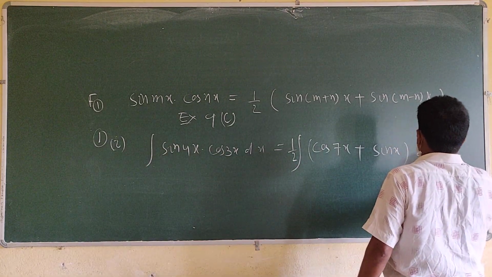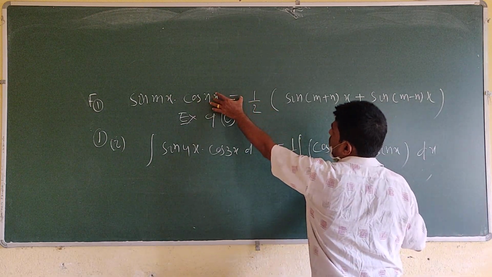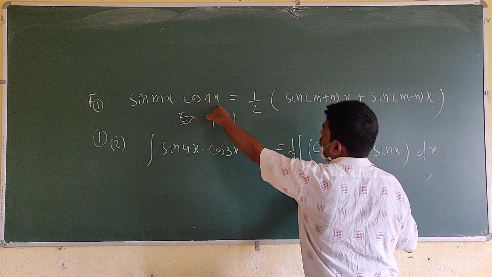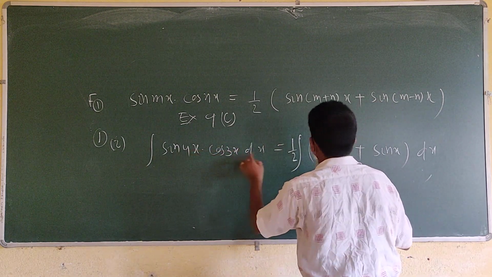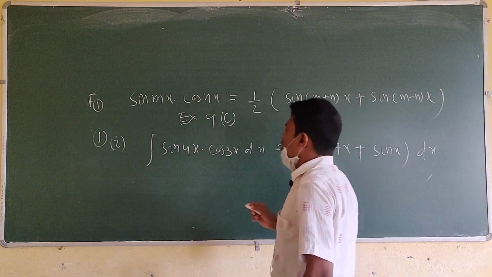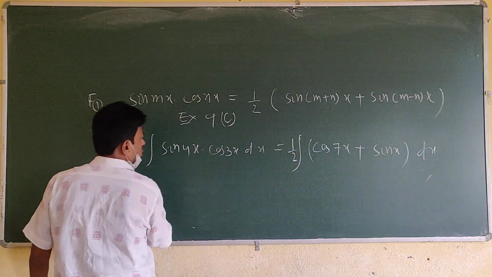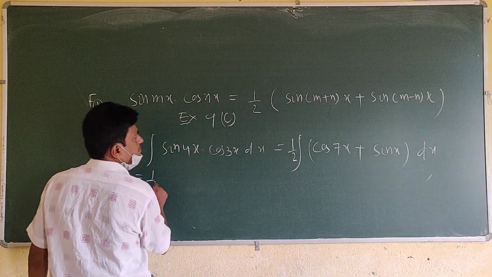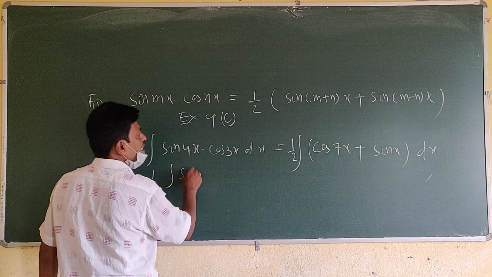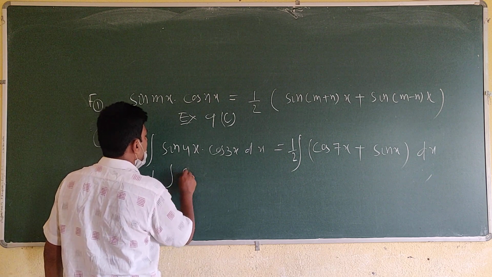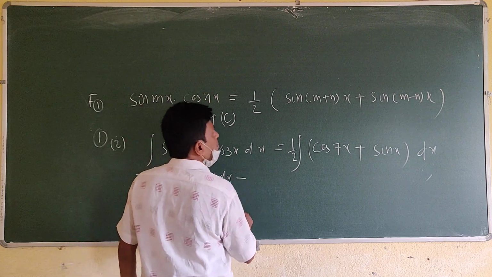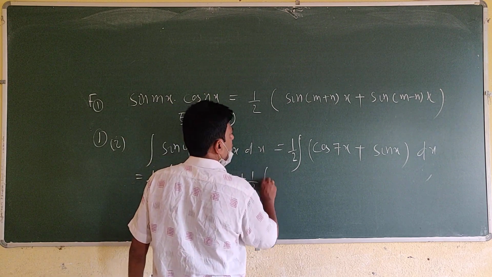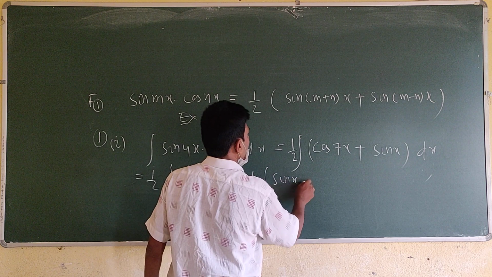We have used that particular formula: sin mx into cos nx is half of sin (m plus n)x plus sin (m minus n)x, that is 7x and 4x minus 3x equal to x. Now how do we integrate that value? That is half integration of sin 7x dx plus half integration of sin x dx.